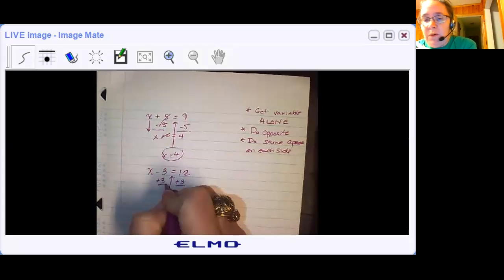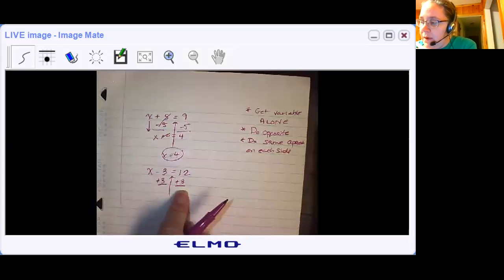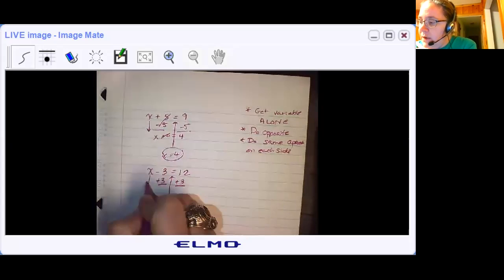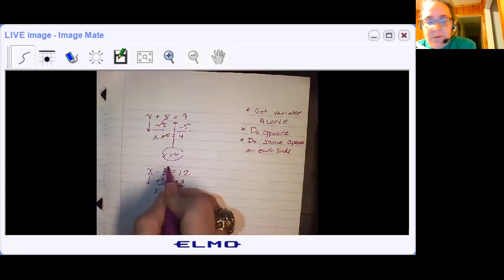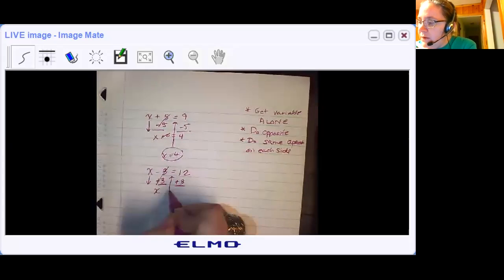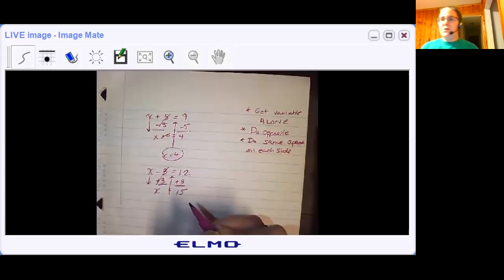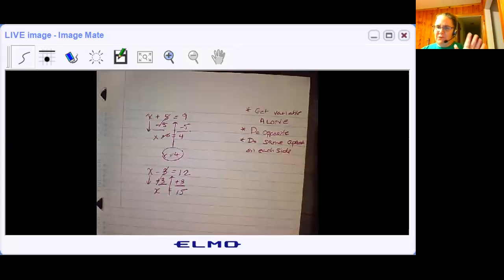And I must do it on both sides to keep it balanced. The x comes down because I didn't do anything to it. Negative 3 plus 3 gives me 0. 12 plus 3 is 15. So with addition and subtraction, it's not bad. It's really nice. Very straightforward. Here we go. Just do the opposite.